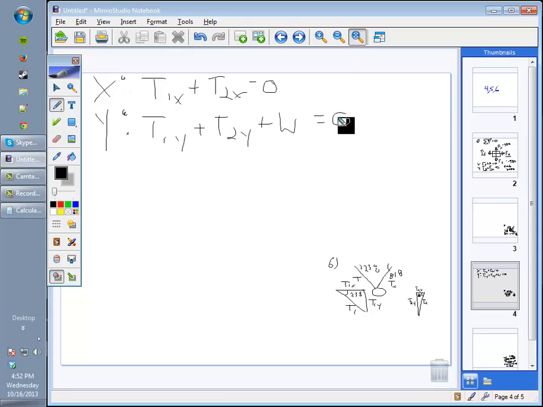Now I'm going to do x in blue, so let me mark that. X will be in blue, and we'll do y in red. Alright, so in blue, I'm just going to sub in. So T2x, really what we've got here is T1x is my adjacent.